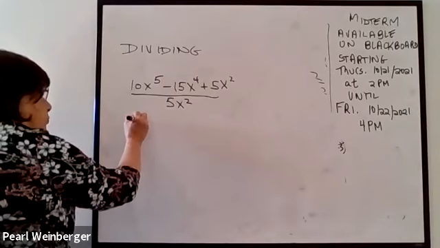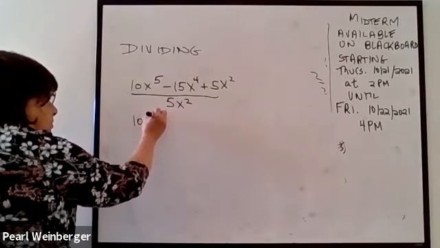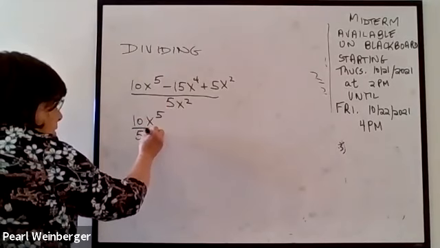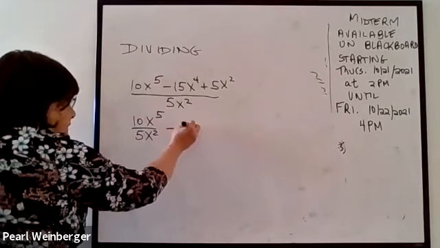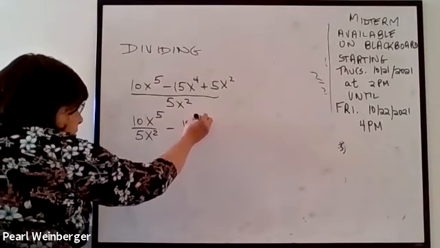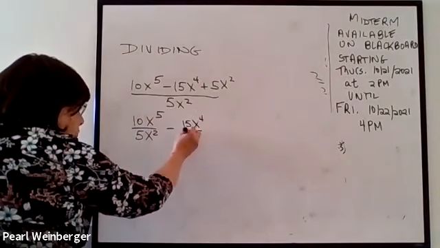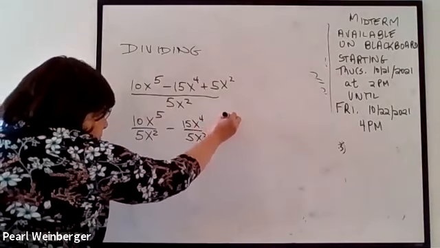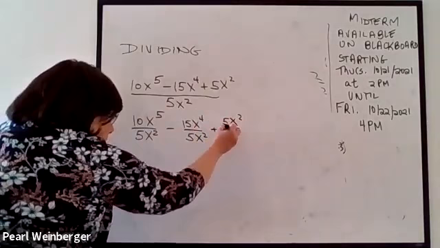In other words, rewrite this as 10x to the fifth over 5x squared minus 15x to the fourth over 5x squared plus 5x squared over 5x squared.